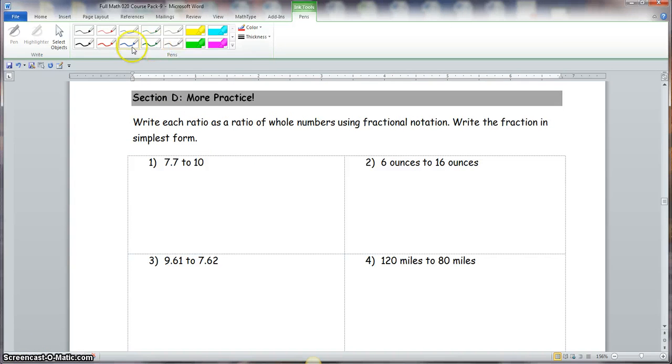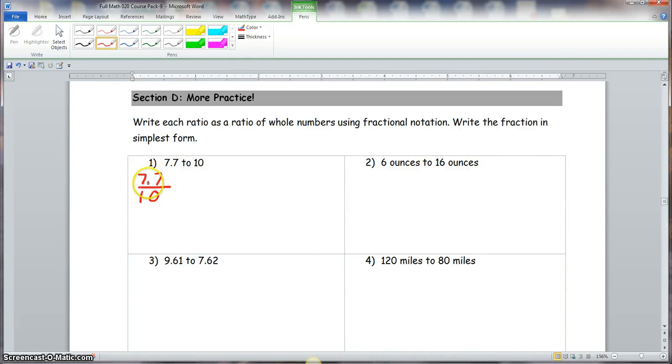Now we have a little bit more practice here. It says write each ratio as a ratio of whole numbers using fractional notation. Write the fraction in simplest form. Okay, we have 7.7 to 10. So we have 7.7 divided by 10. Now, the first thing is we must get rid of all decimals in this fraction.